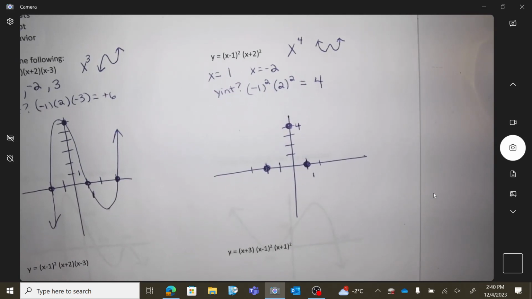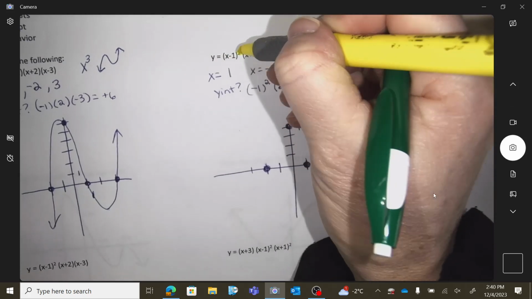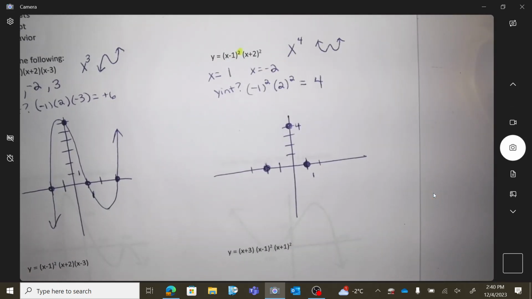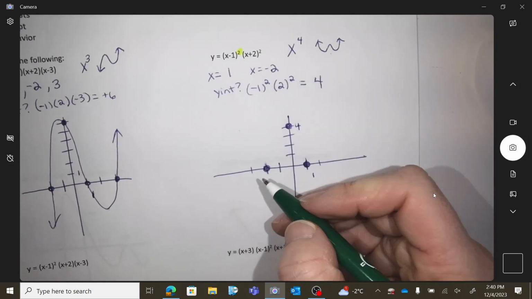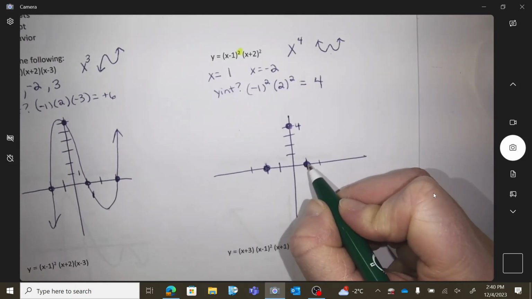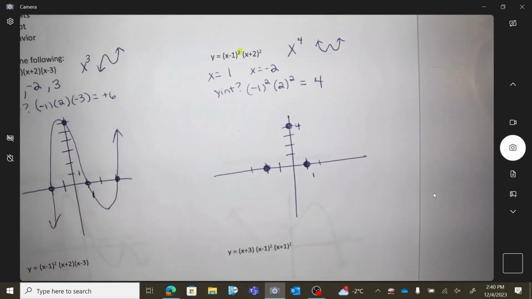Okay, now what does this mean on my x-intercept again? What does it mean when it's squared? It bounces. So I need to have a W shape. I need to do a bounce on this one, and I need to do a bounce on this one because they're both squared.